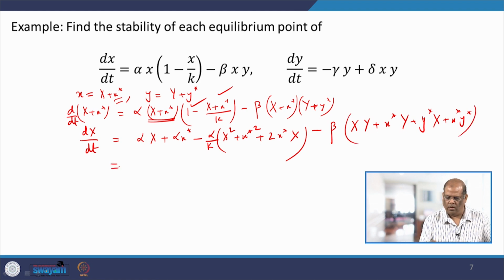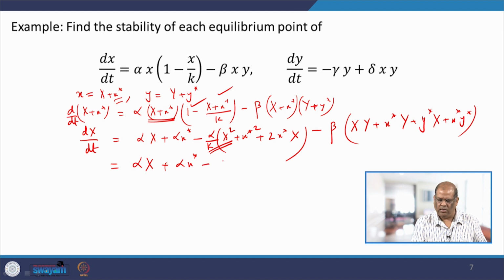Now, let us retain only the first order terms and discard the second order terms. So, here it is alpha x. This is just a constant, but I just write x star. This is the second order, we ignore.